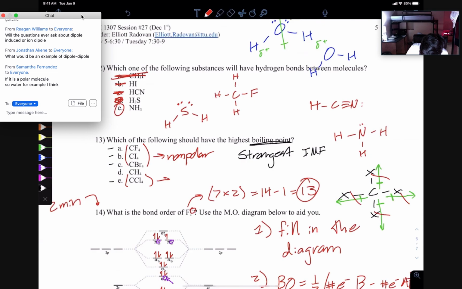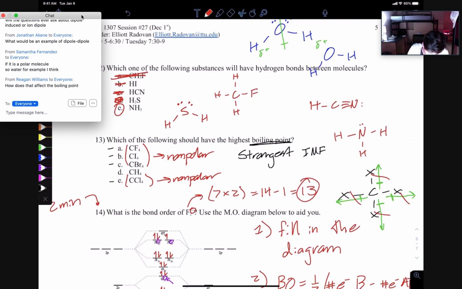And then the same thing with CH4, that one looks like this. The only difference is that the vectors are pointing in this time because carbon is more electronegative than hydrogen. And those vectors end up canceling out also. So that one's nonpolar as well.